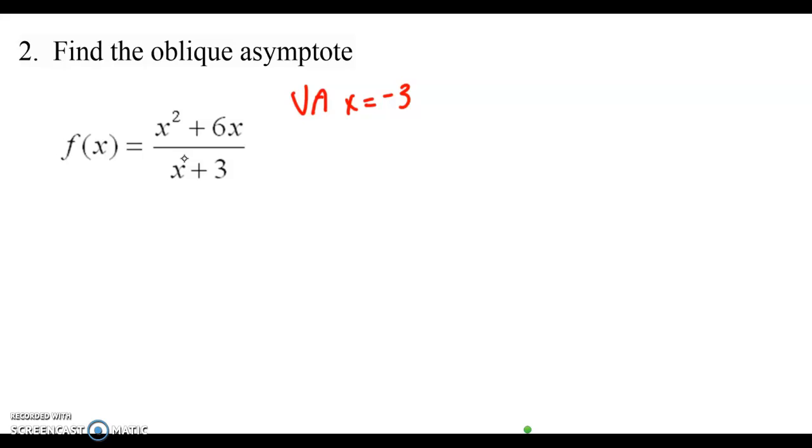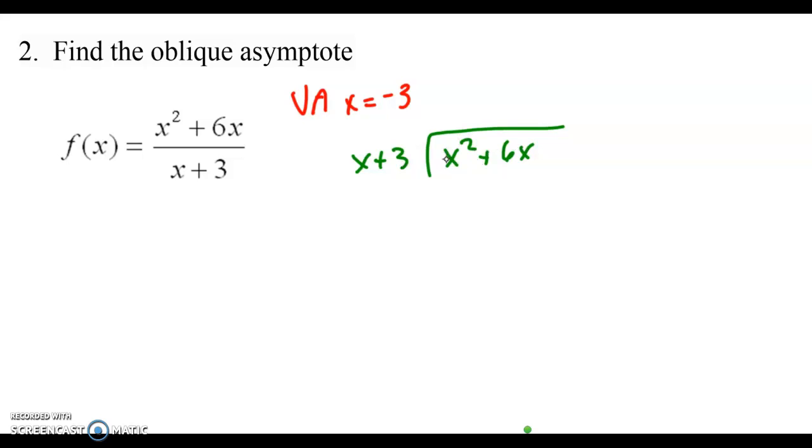The way we do that is, number one, by doing long division. So we want to simplify this rational expression. We have x squared plus 6x being divided by x plus 3, and we do long division just like you learned back in grade 4.